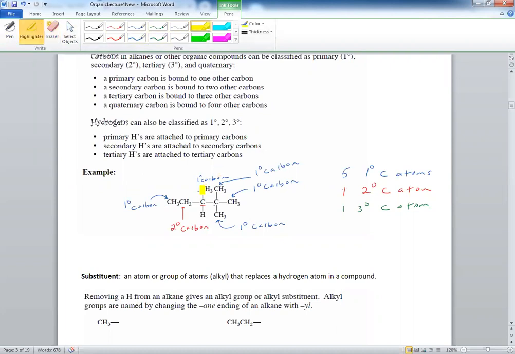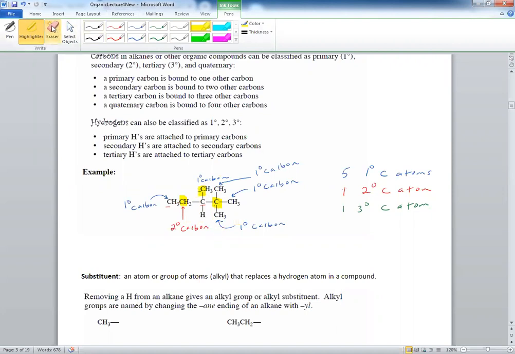I'll highlight the carbons on the tertiary so you can see them. You see the 3, 1, 2, 3. That's an H right here. So that's what it means, tertiary.